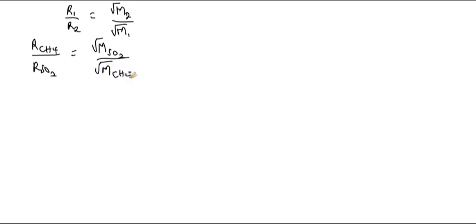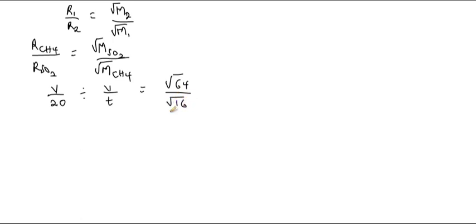From the previous calculation, we have R CH4 to be V over 20 divided by V over T. I'm neglecting the units to make the calculation easier, and this is equal to the square root of the molecular mass of SO2, which is 64, divided by the square root of the molecular mass of methane, which is 16.